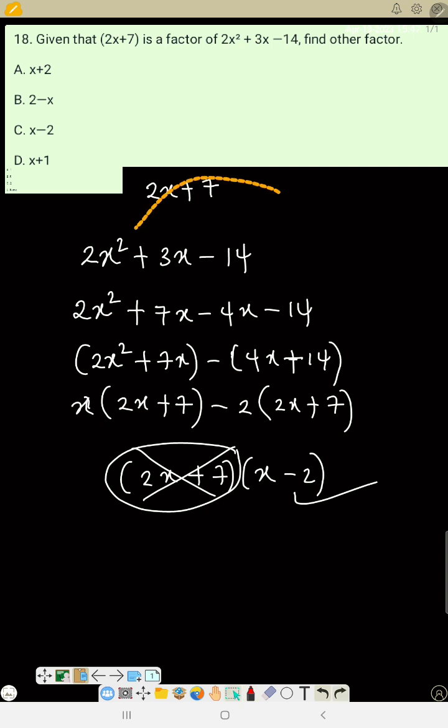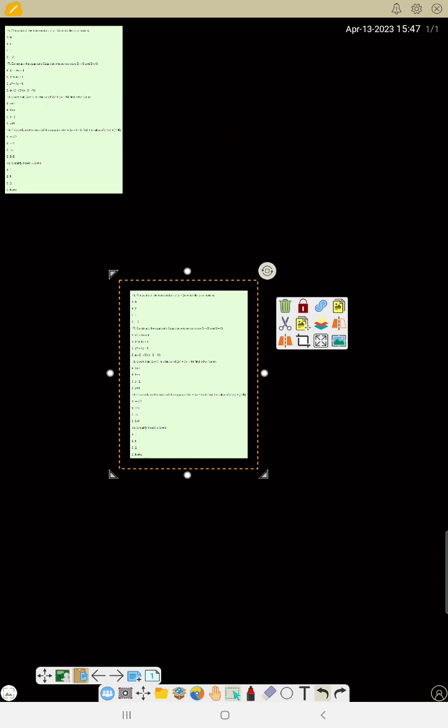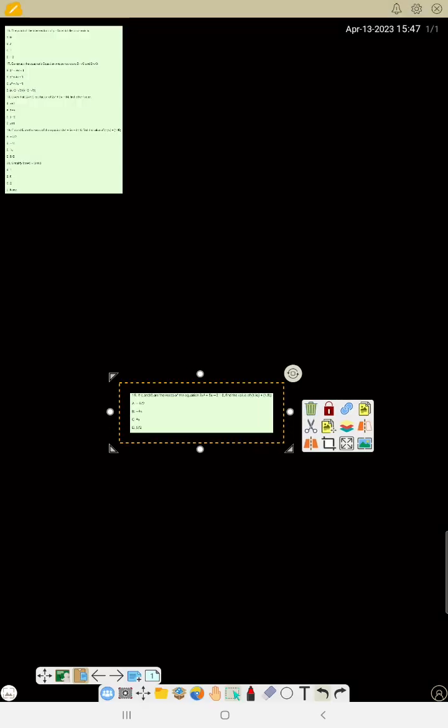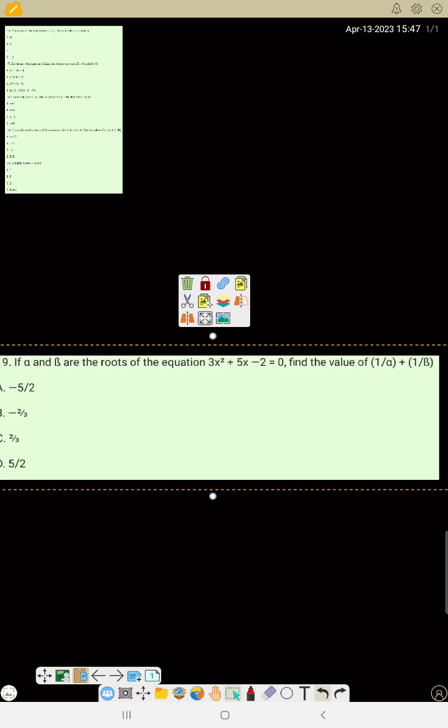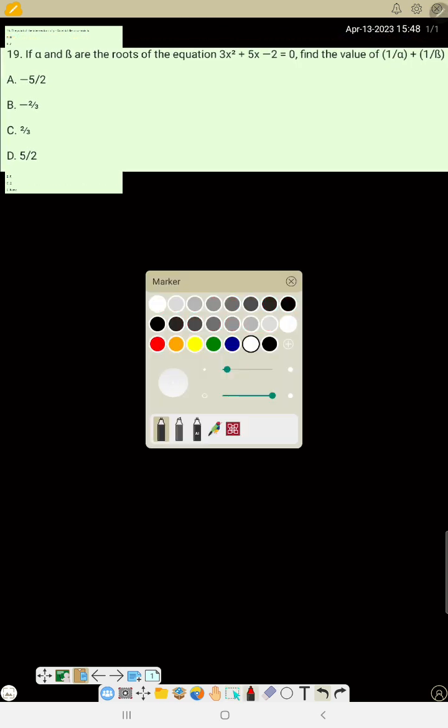So number 19. If alpha and beta are the roots of the equation 3x squared plus 5x minus 2 equals 0, find the value of 1 over alpha plus 1 over beta.